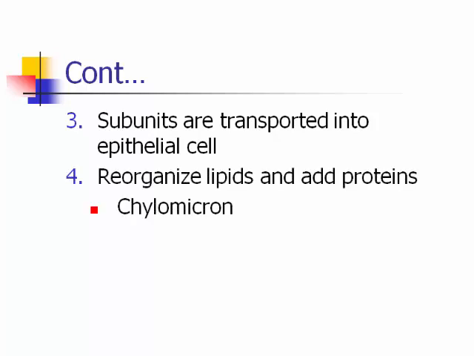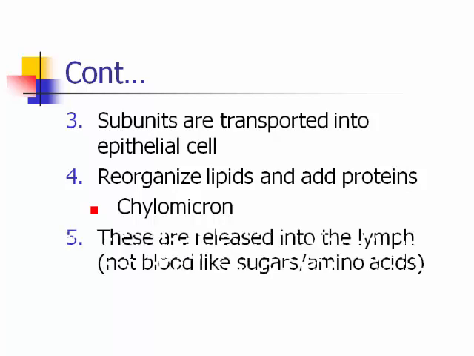They reorganize into lipids by adding proteins to them and calling them chylomicrons. Here's the CH again with a K sound. These are released into the lymph, not the blood like the sugars and the amino acids. So this is how the story is different. Plus, they reorganize. So that makes two different things about those stories.